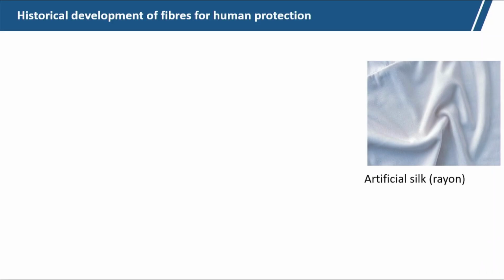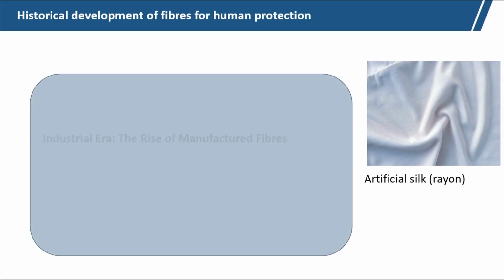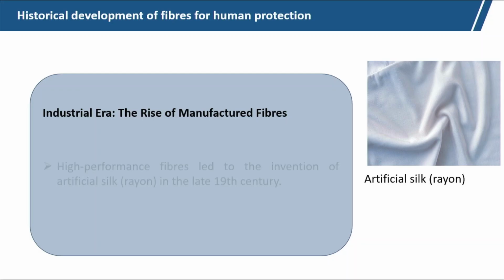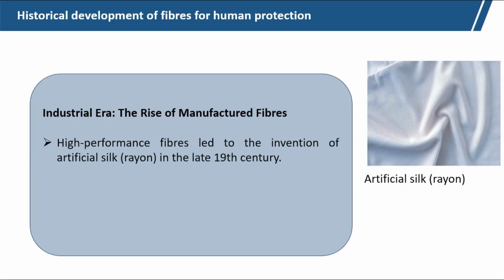Then came artificial silk, that is rayon, used in the industrial era. With the rise of manufactured fibers, high performance fibers, artificial silk was invented in the 19th century, and those fibers were used for protective garments.